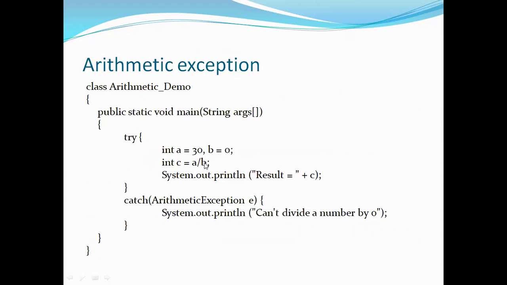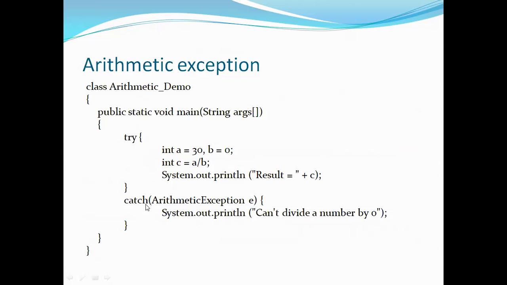So it is an illegal operation. If it is not illegal, you'll get the value. If it is illegal, that is an exception, which will be handled by the catch block here.